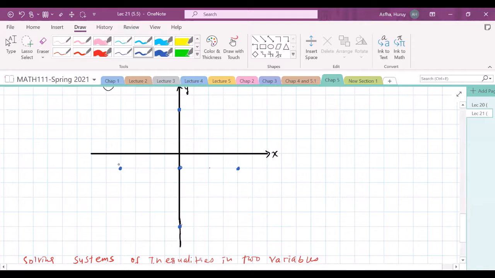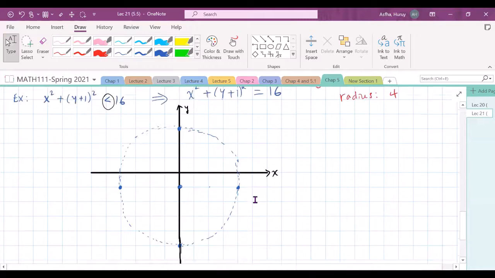I don't know if I will be able to do that, but anyway, it doesn't have to be perfect. Okay, not too bad. So here we have the circle.